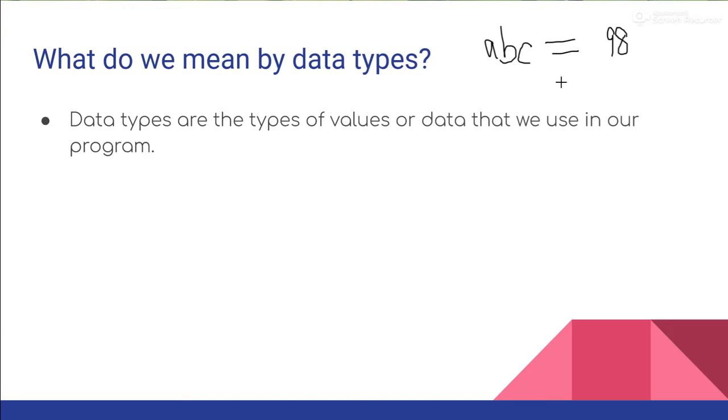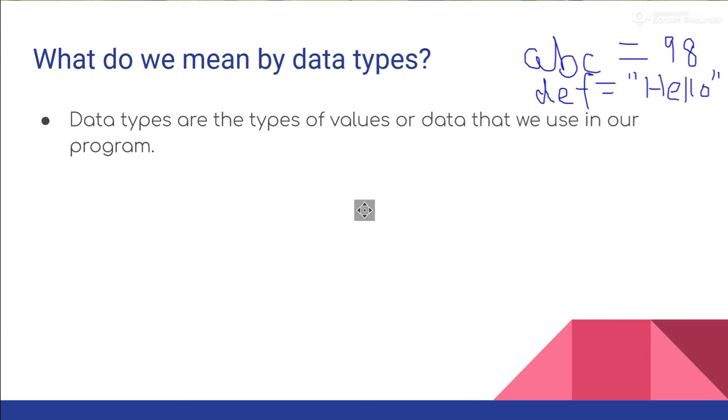Now if we run print ABC, obviously we are going to get 98 as the output on the screen, right? But we don't want to do that here. Let's say we have two variables, ABC, storing the value 98, and another variable called def, which is storing a value of hello as a text.